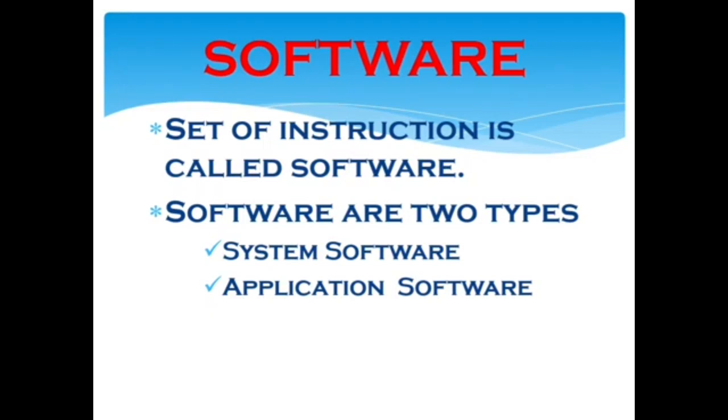It is an instruction, it is a program only. Software is of two types: one is system software, another is application software. System software is used for the system only, and application software is used for the users only. Okay, now let us see one by one.